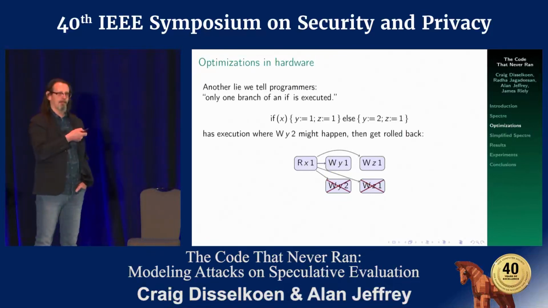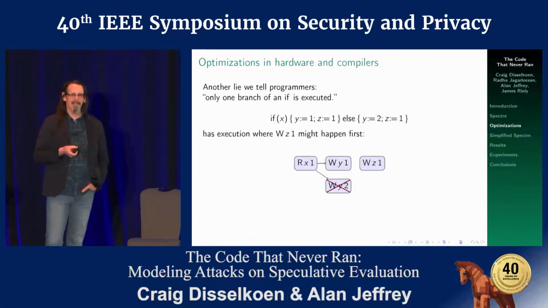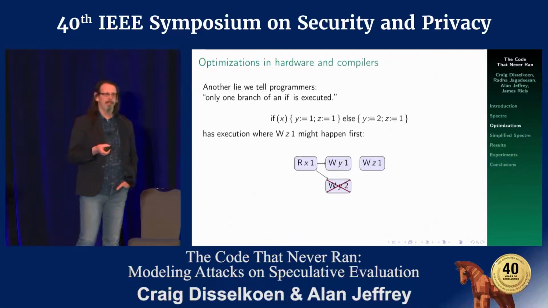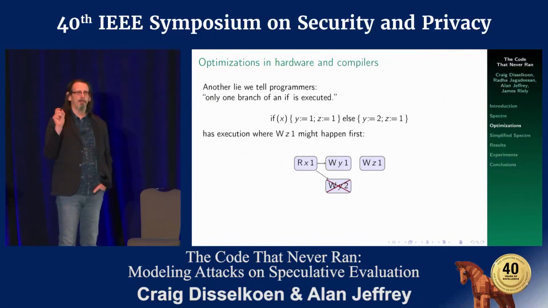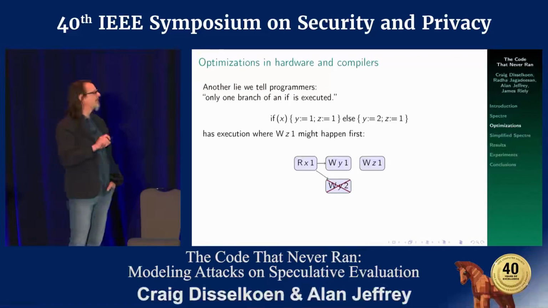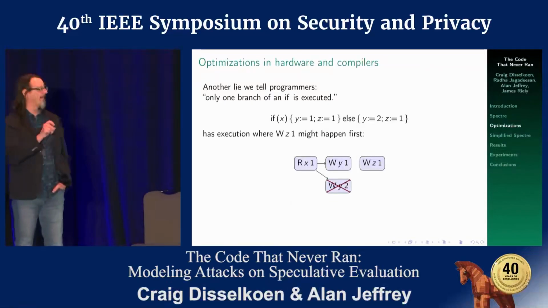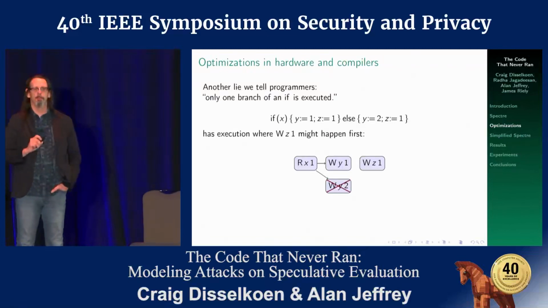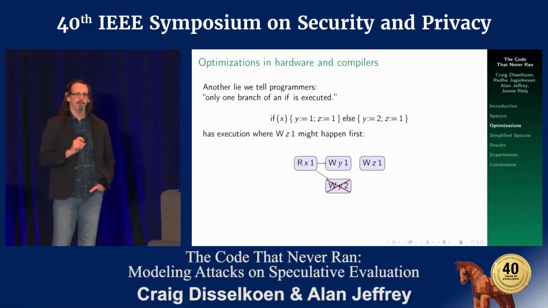So that's the optimization which current hardware does. But compilers get in the way even more. Most hardware will not do this, but your average compiler will, and will spot the fact that that write of z to 1 is happening on both branches, and so it'll move it outside the if statement.